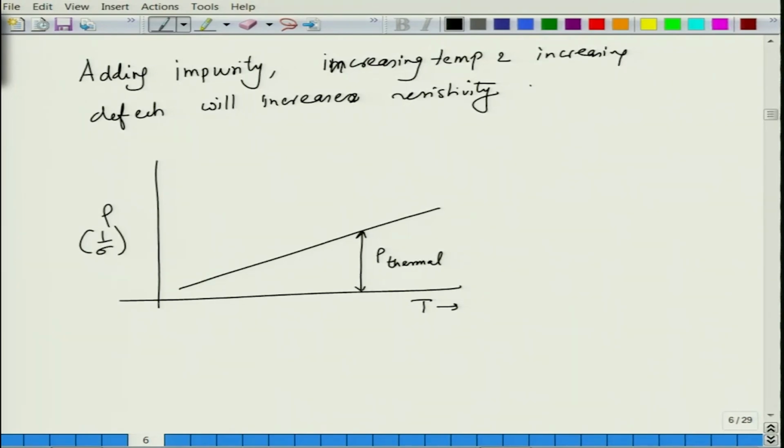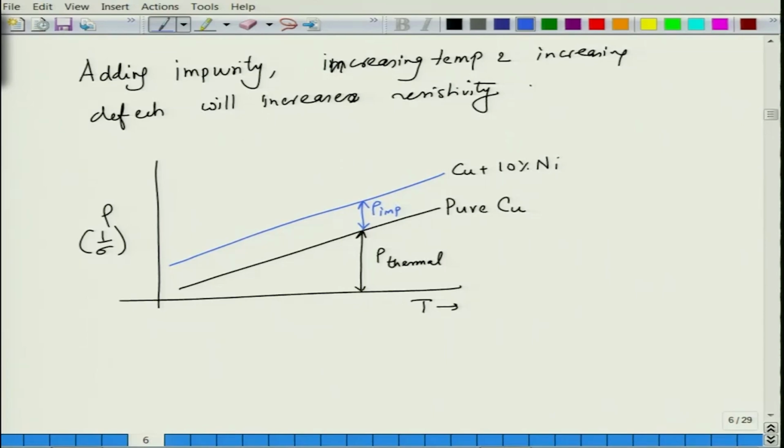Now let us say we add a little bit of nickel to it. This is pure copper. When you add a little bit of nickel to it, so let us say copper plus 10% nickel, it increases the resistivity. As a result, the extra contribution is rho impurity.